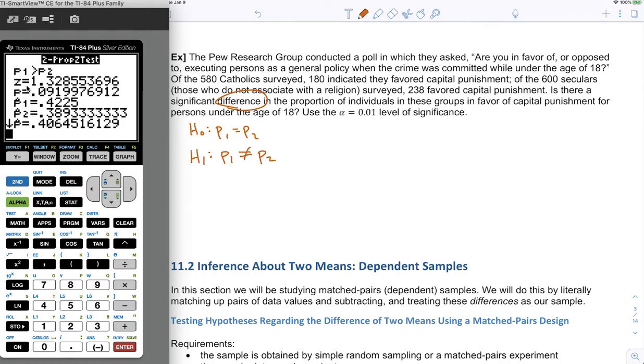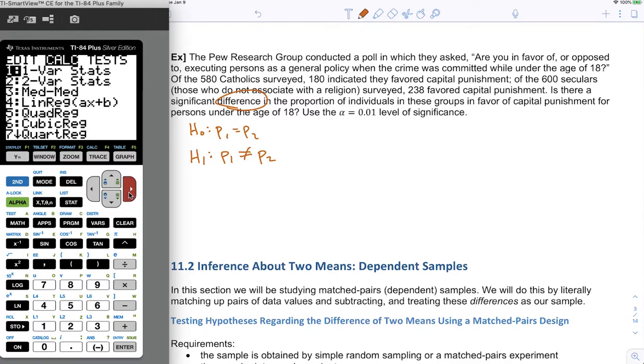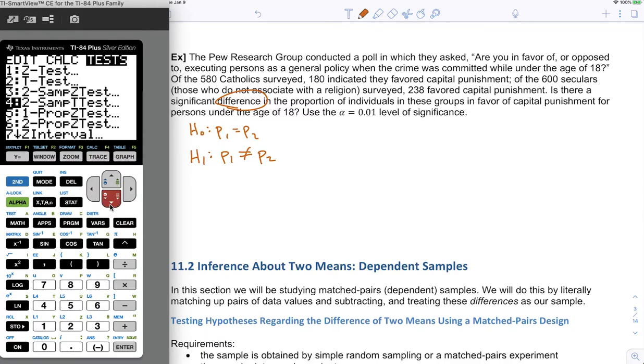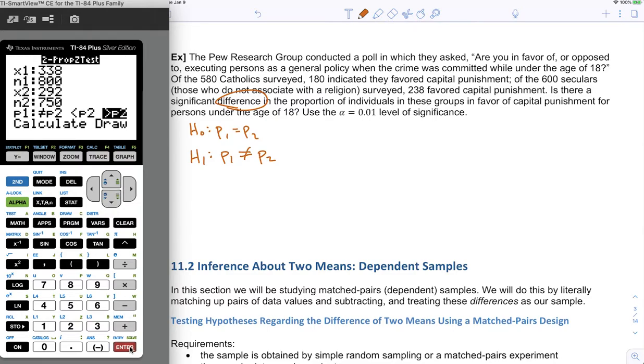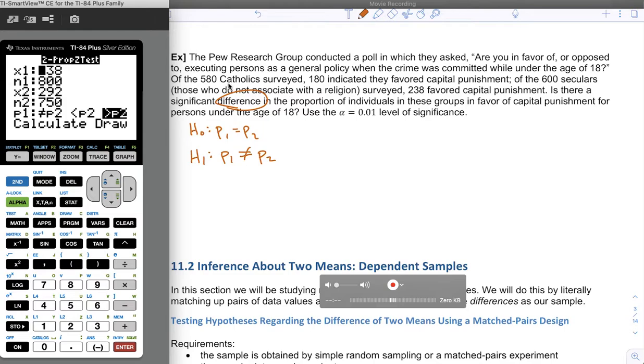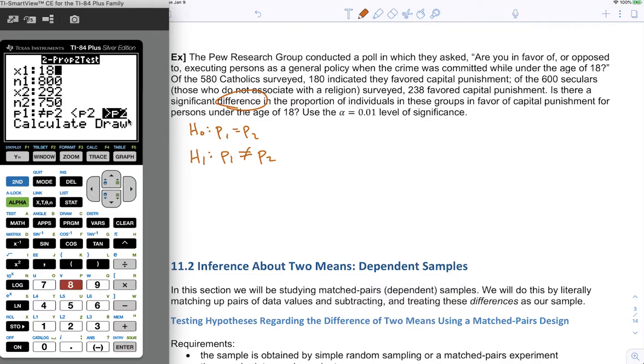Okay, so let's go ahead and go back into our calculator, and we run our stat tests number 6, 2-prop z-test. Okay, so first we have these values for the Catholics. 180 favored capital punishment out of the 580 surveyed.